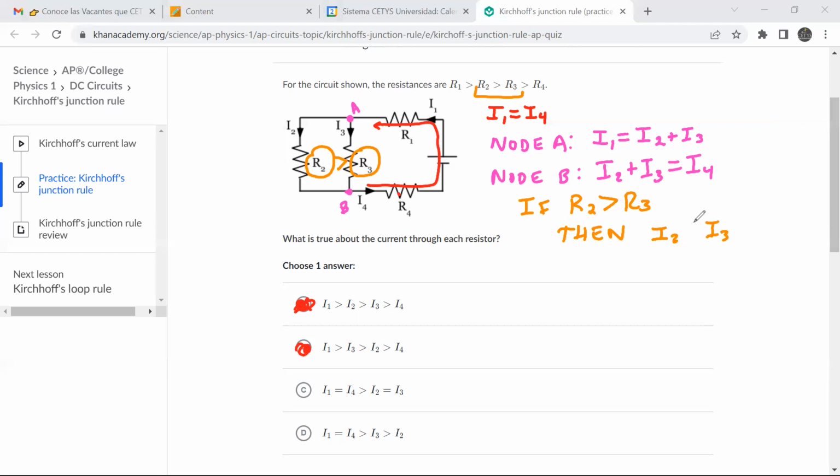I2 is smaller than I3, because the larger the resistor, the smaller the current. It's directly proportional because of Ohm's law, correct? Inversely proportional, yeah, because the higher the resistance, the lower the current.